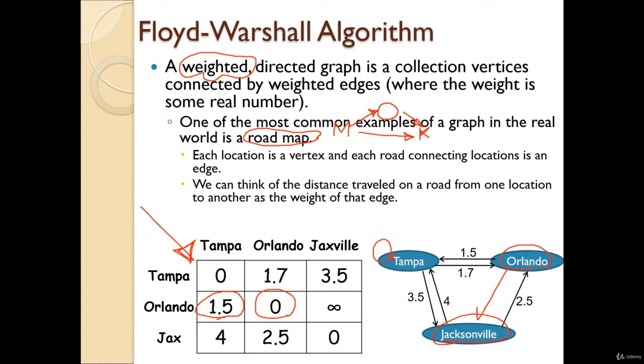You could see here. So where there is no path available, you will simply put infinity. And wherever, like Tampa to Tampa and Orlando to Orlando, there is no self loop present, there you will put the 0 value. And wherever the edges are present, there you will put their weights.